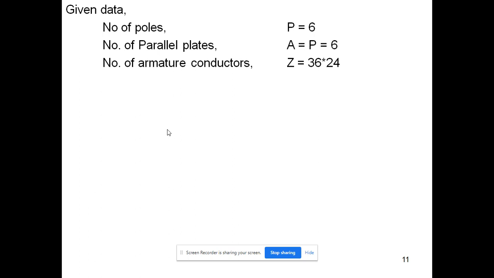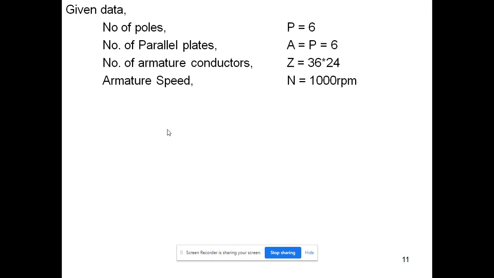So in order to get the number of armature conductors, we have to do the product of both, that is the number of slots and the number of conductors, that is 36 into 24.